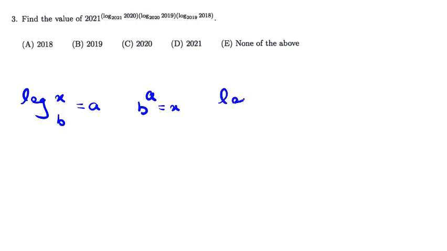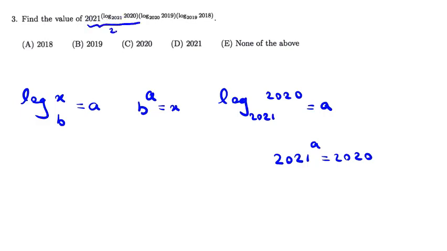So, for example, log 2021 base 2020, if we call it a, is the number such that if you raise 2021 to the power of this, we will reach 2020.